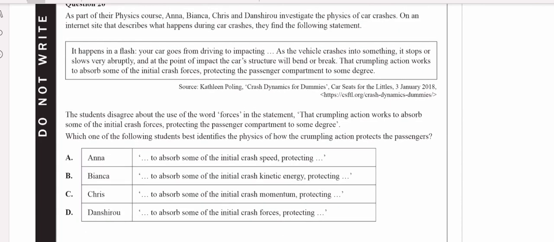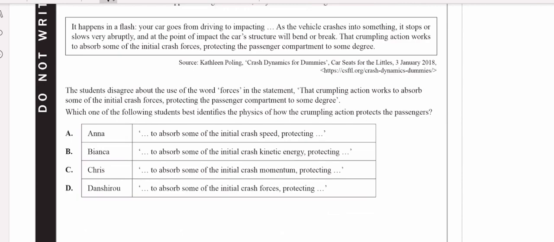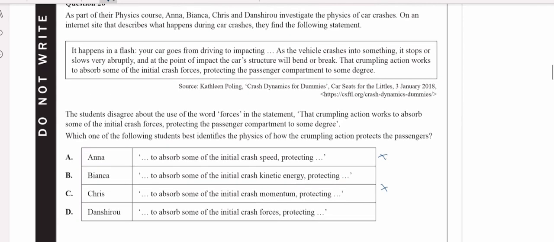We can't say it absorbs initial crash speed, and it can't absorb momentum. In the crumpling, it's absorbing energy. So the answer had to talk about energy, and the only one with energy is B, with kinetic energy.